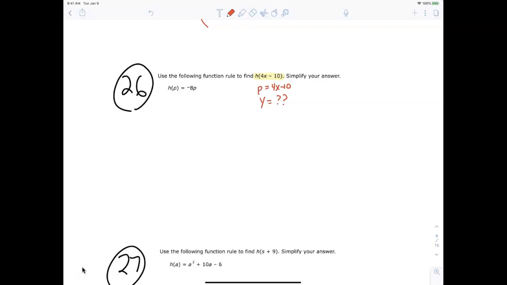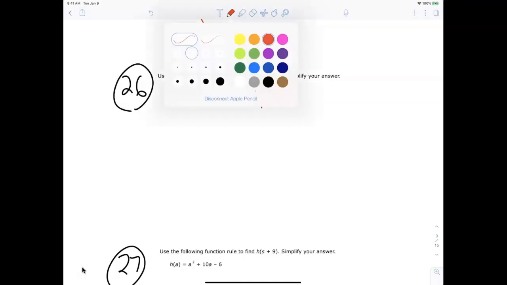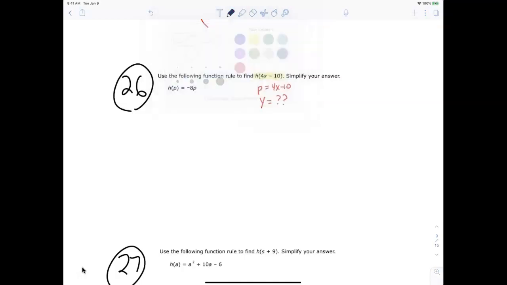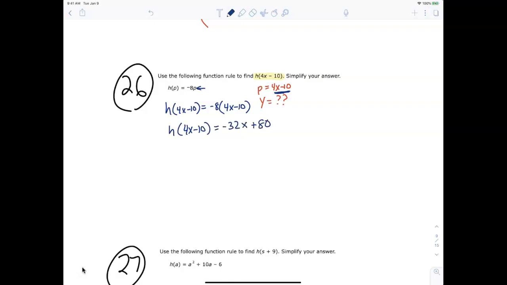We'll replace p with 4x minus 10. Now I'm going to say h of 4x minus 10 is equal to negative 8 times the quantity 4x minus 10. I'm just substituting that in for that p. Now we just say h of 4x minus 10 is equal to negative 32x plus 80.